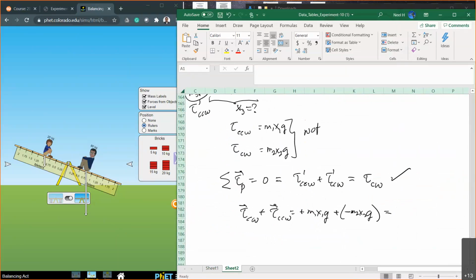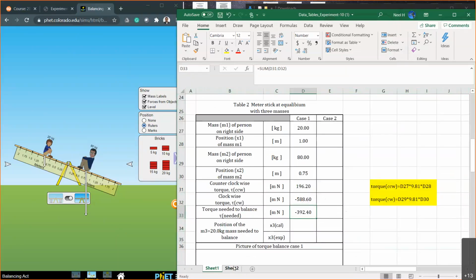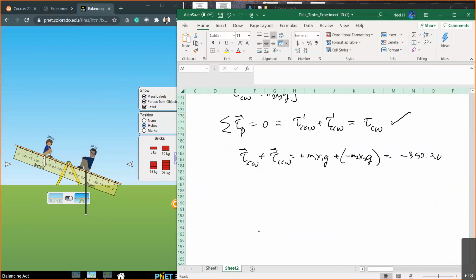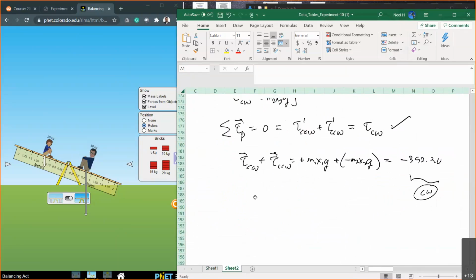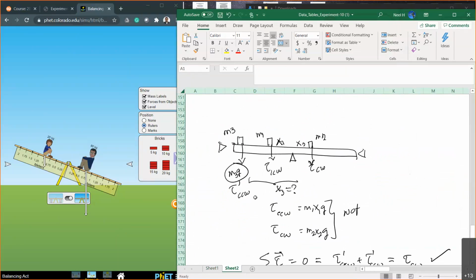That's the number we got earlier: 392.40. That's the resultant torque. The resultant torque is negative, which means it is in the clockwise direction. If I want to balance this, I have to add a new torque in the counterclockwise direction. That's why we need this M3 right here.